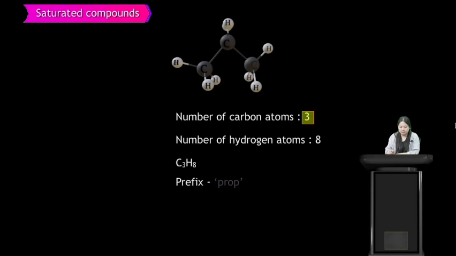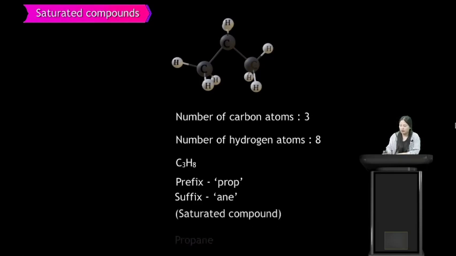This is a compound containing 3 carbon atoms, so the prefix given will be prop, P-R-O-P. This is an alkane, so the suffix given will be A-N-E. So the name of this saturated compound will be propane. We join these two, we get propane.